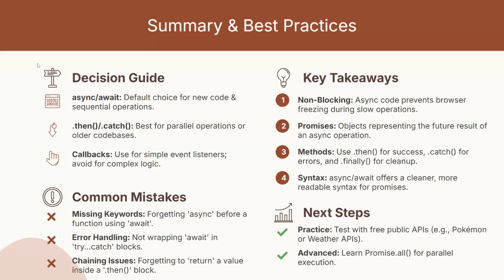In order to practice async await programs, you could try real APIs like JSON Placeholder or a weather API to see these concepts in action. Once you're comfortable, you can even explore the Promise.all method for running multiple asyncs in parallel.